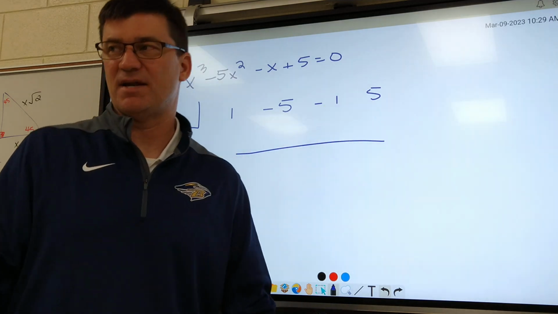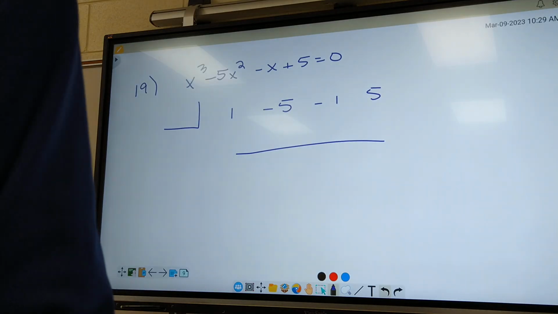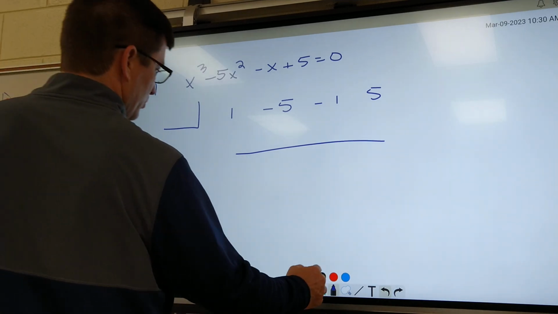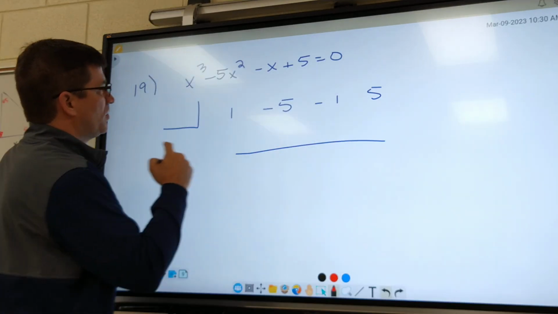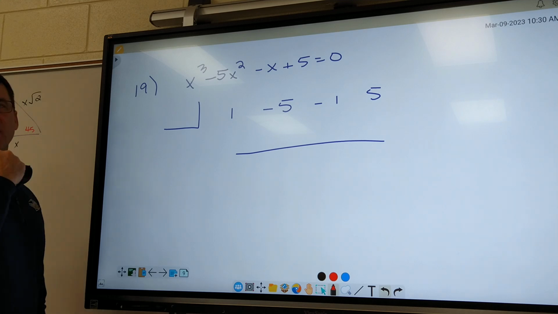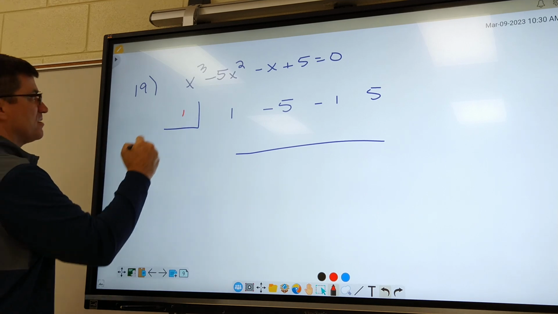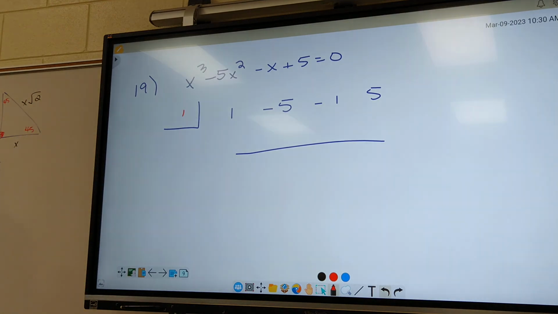All right, set it up. That's the only other way I've showed you how to do it. How did we figure out, if they didn't give us a number that goes in the box, what goes in there? You just guess. You start out using 1. What if +1 doesn't work?